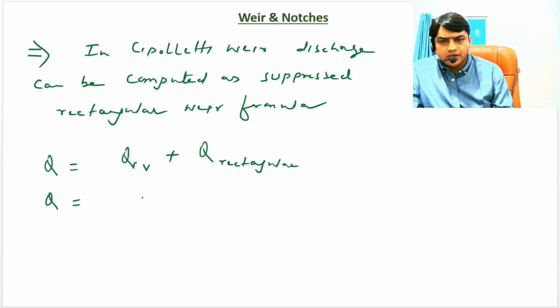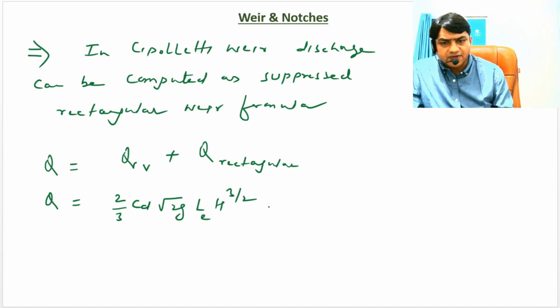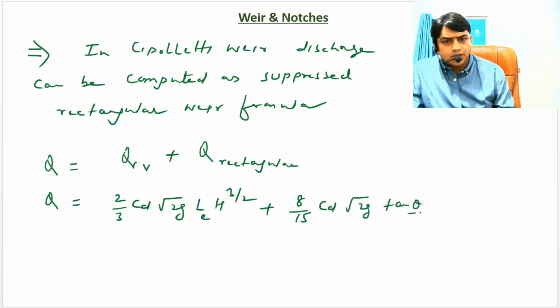So Q can be written as, for the rectangular, 2/3 of CD root under 2G L effective into H to the power 3 by 2, plus 8 by 15 CD root under 2G tan theta by 2 into H to the power 5 by 2.